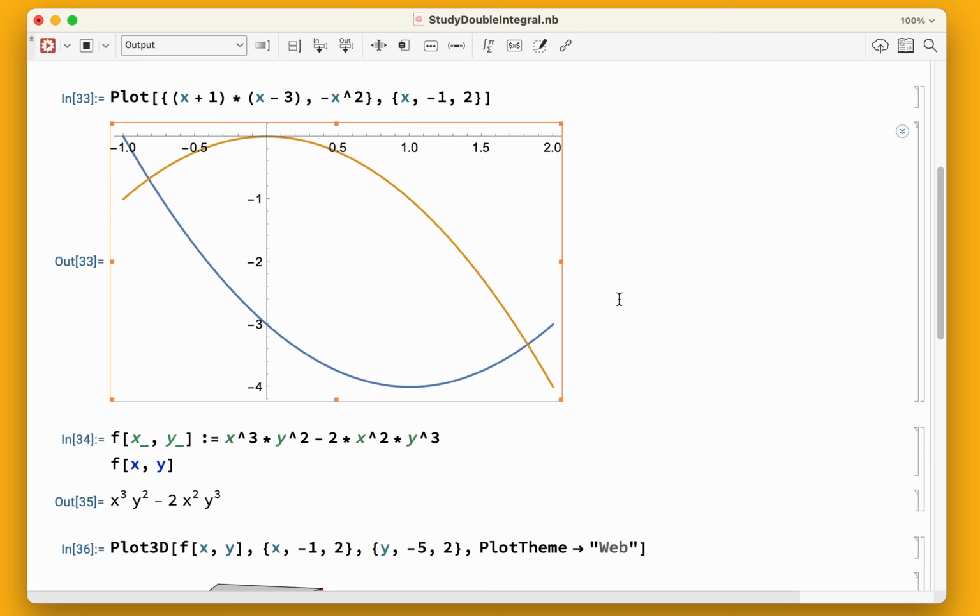The minimum of y, around -4, is met by this blue line, and the maximum of y is inside this yellow line.